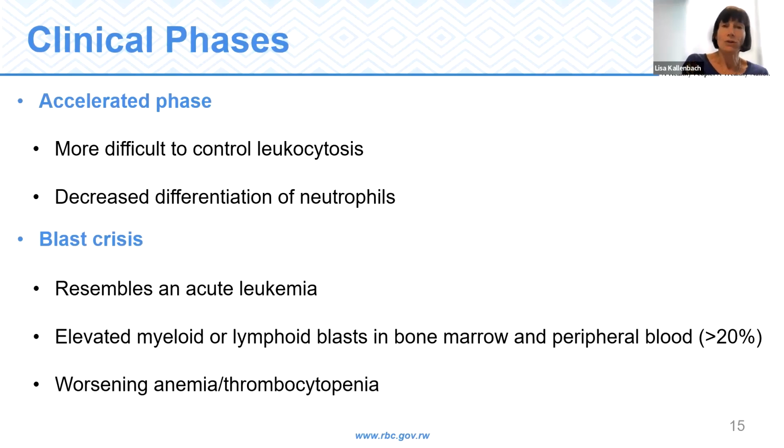So you start to see a little bit more blasts. And then blast crisis resembles an acute leukemia. There are elevated myeloid or lymphoid blasts in the bone marrow and peripheral blood, and it has to be over 20% to meet criteria for leukemia. You'll also note worsening anemia and thrombocytopenia as there's less space in the bone marrow for those cell lines to grow as there's expansion of these leukemic cells.